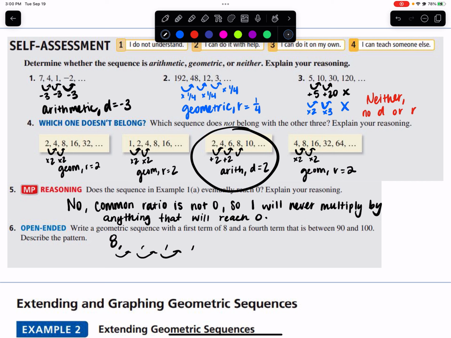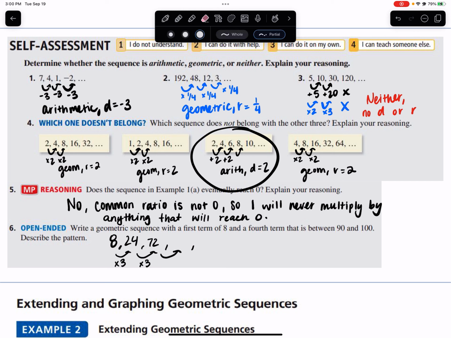So I think maybe if I multiply by, let's try 3. So if I multiply by 3, it's 24 times 3 is 72. Oh, nope, that's not gonna work.